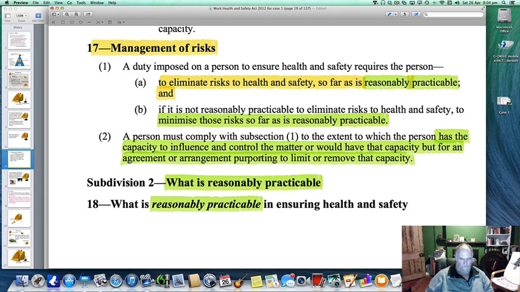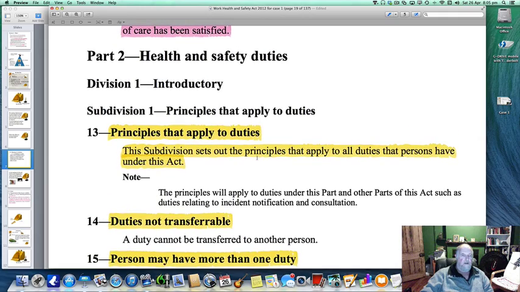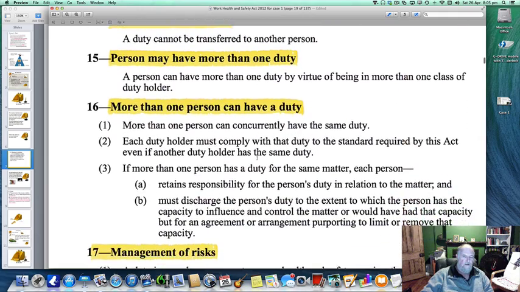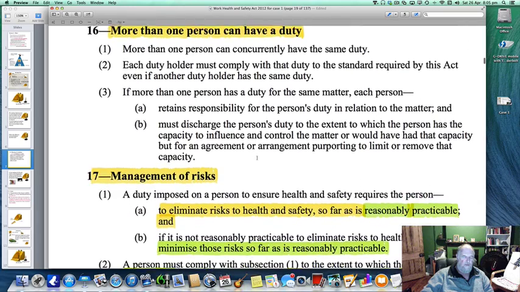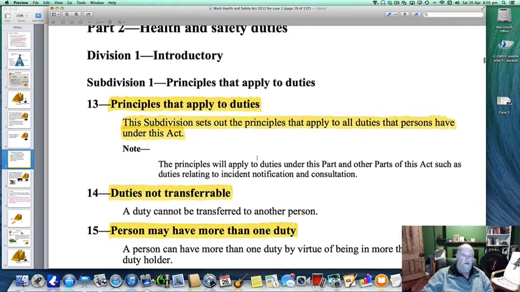Okay, so the next one that we're looking at now is section 17. What subdivision is it? It's part 2, division 1, number 17, the management of risks. I'll just go through the beginning of it. Principles that apply to duties. So what are the basic principles?